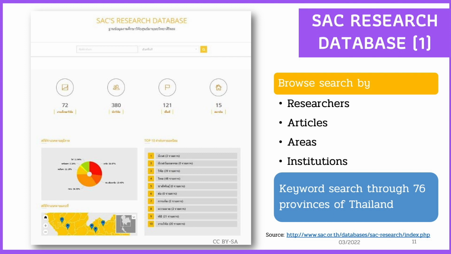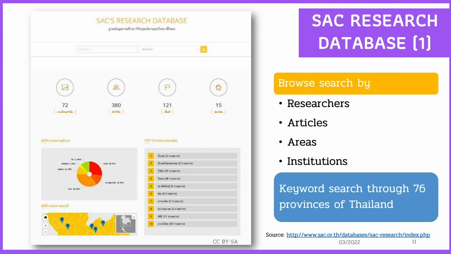Back then, the SAC had problems that academic works and articles produced by researchers, or the works of outsiders who received research funding from the SAC, were kept scattered. Some with the researcher, some with the project coordinator. When we needed the data, we had to ask who kept it. So we produced the SAC Research Database to solve this issue.